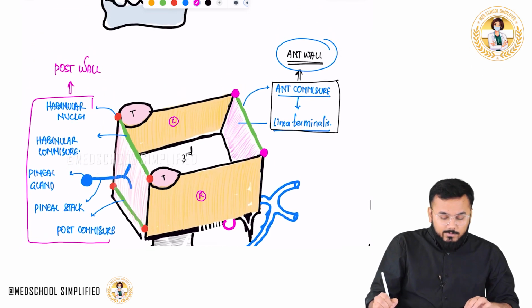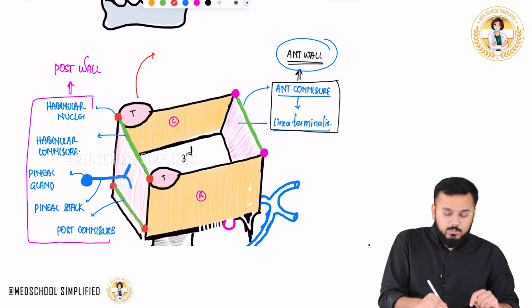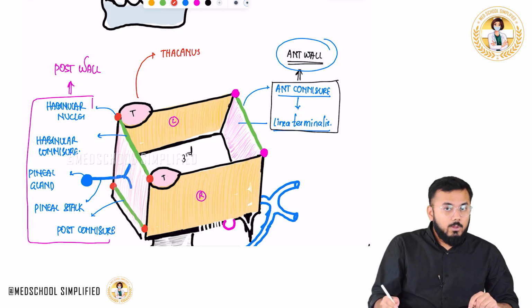On the left lateral wall, what is the structure you have got? On the left lateral wall, this particular structure over here is called your thalamus. And another important thing you need to know: below the thalamus we always have the hypothalamus.